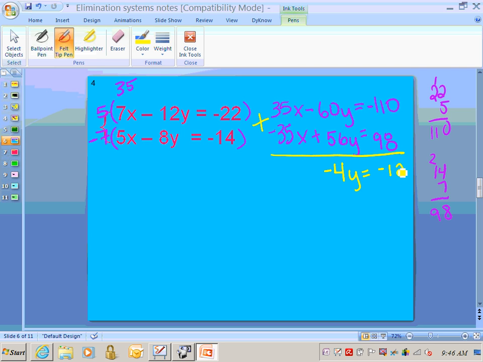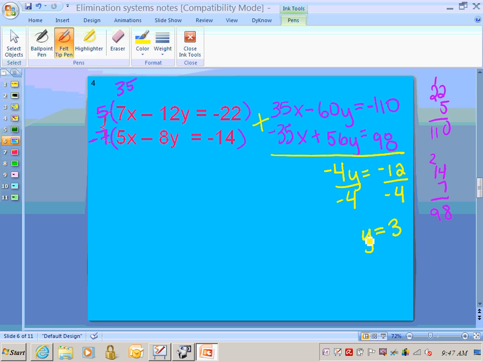Negative 12. The bigger one is negative, right? 98 to 100 is 2. And from 100 to 110 is 10, so 12. Now what? Divide by? Good. So y equals 3.